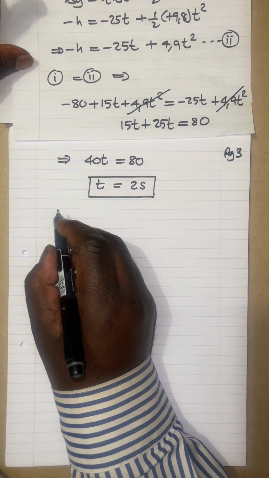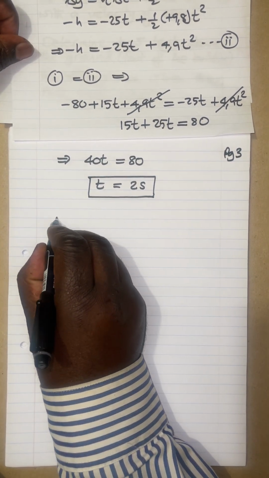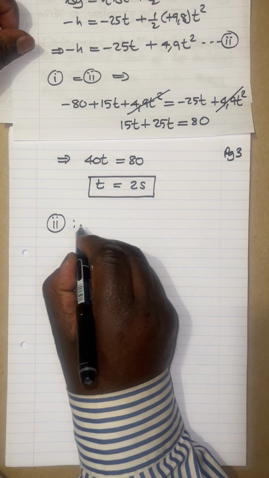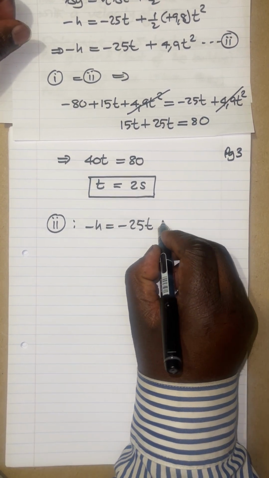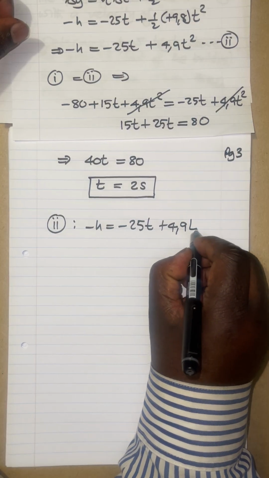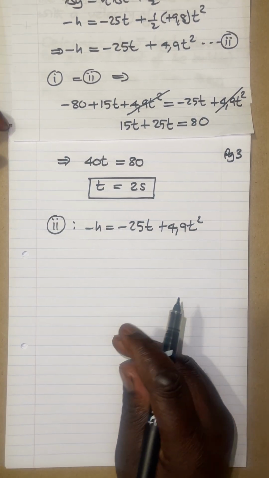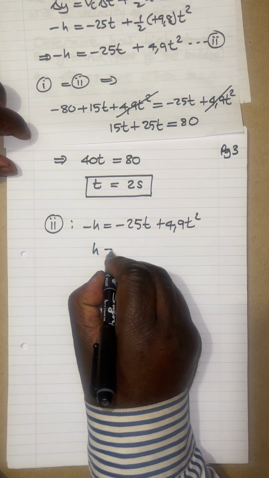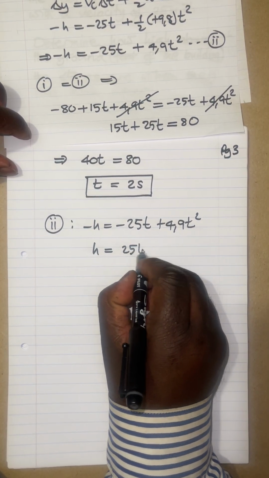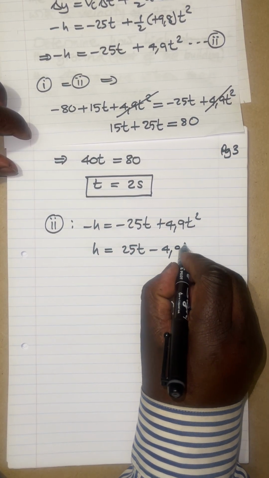So equation number 2 says minus h equals minus 25t plus 4,9 t squared. Let's make h subject of the formula, multiply throughout by minus 1. You're going to get h is equal to 25t minus 4,9 t squared.